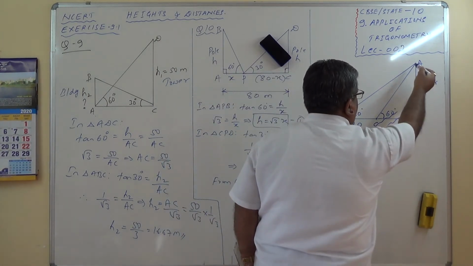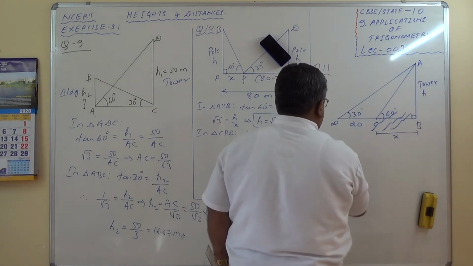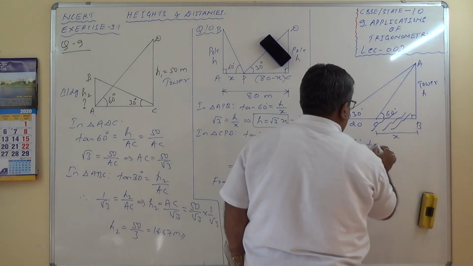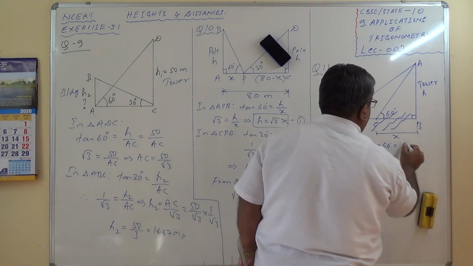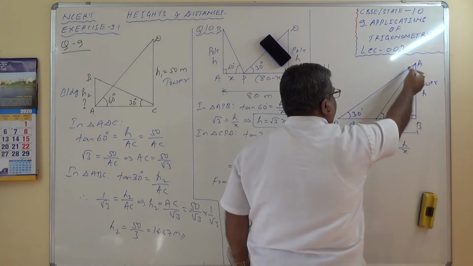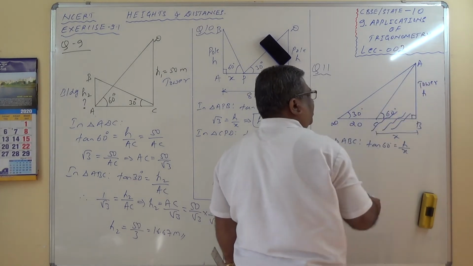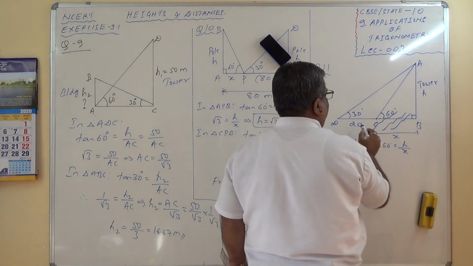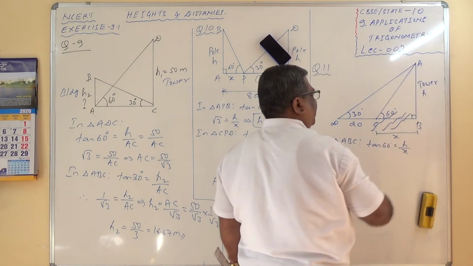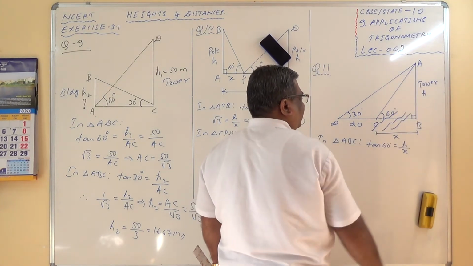Okay, so in triangle ABC, tan 60 equals h by x. In this triangle and in the other triangle, h is common. Let us express this distance and that distance in terms of h, equate them, and we should be able to get x.